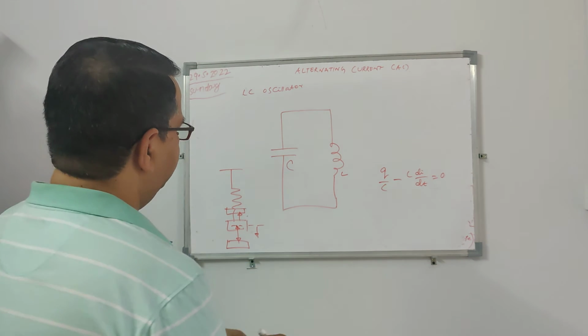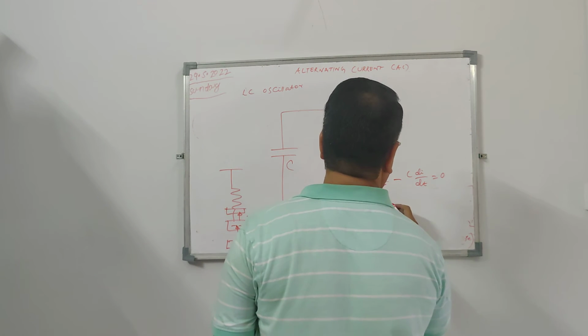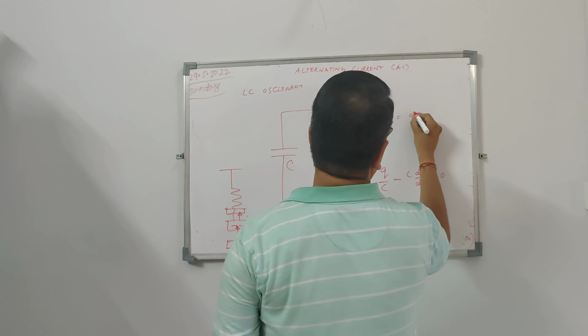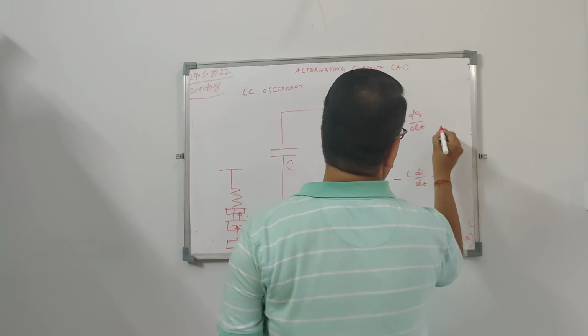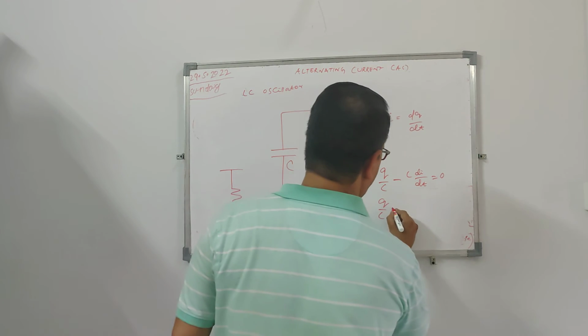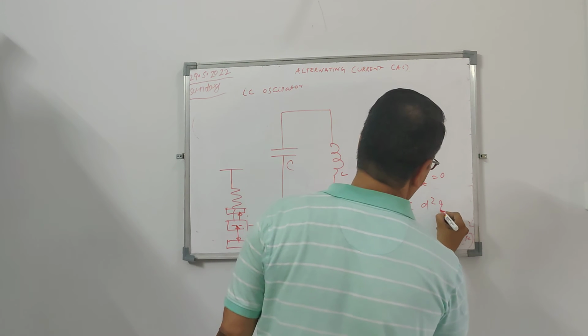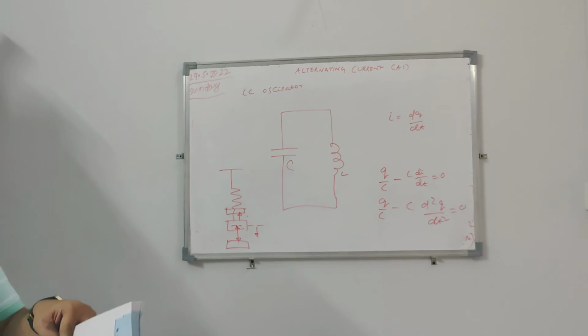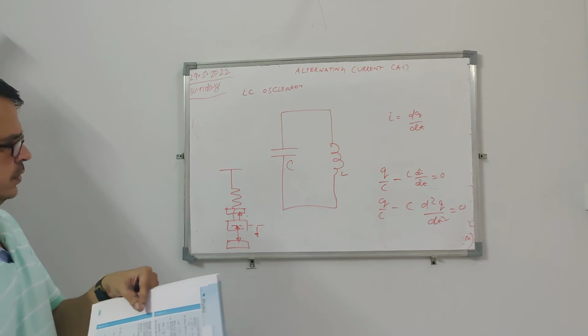So we know Q by C, and I is nothing but dq by dt. So this becomes Q by C plus L d square q by dt square is equal to 0. So this is the governing equation.